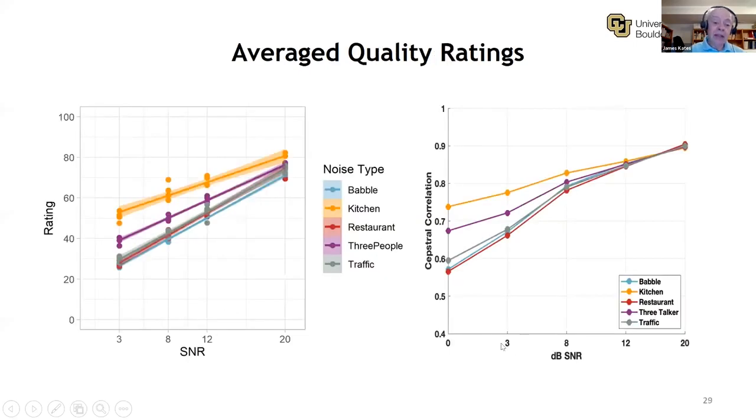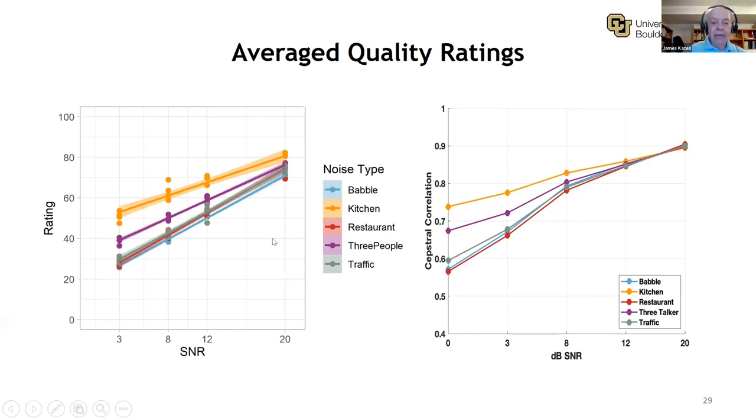If we look at the subject ratings, here on the left panel, we have the ratings as a function of signal to noise ratio for the different kinds of noise. First, as we increase SNR, the ratings get better. If that didn't happen, we wouldn't have a paper.